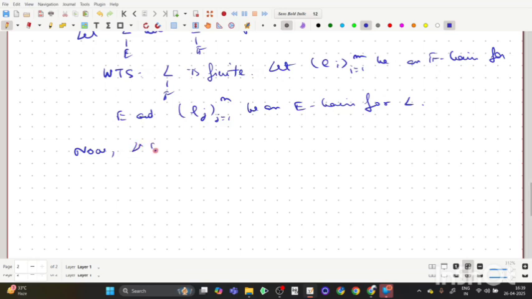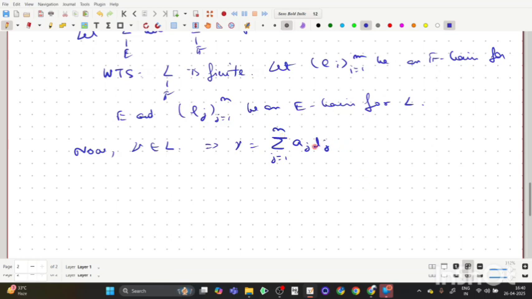Right. Now, let us do something. Let lambda be in L. So if lambda is in L and L over E is a finite dimensional vector space, l_j is a basis. So that implies that lambda can be written as summation a_j l_j, j equals 1 to n, right? Fine.